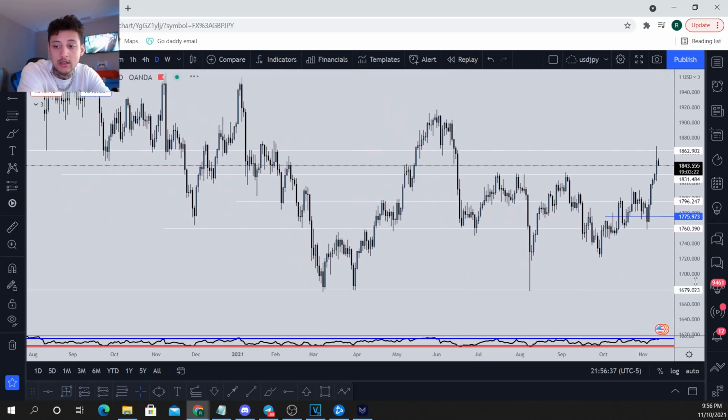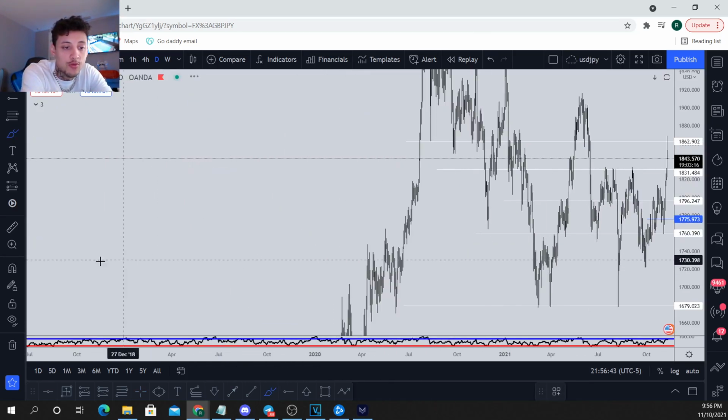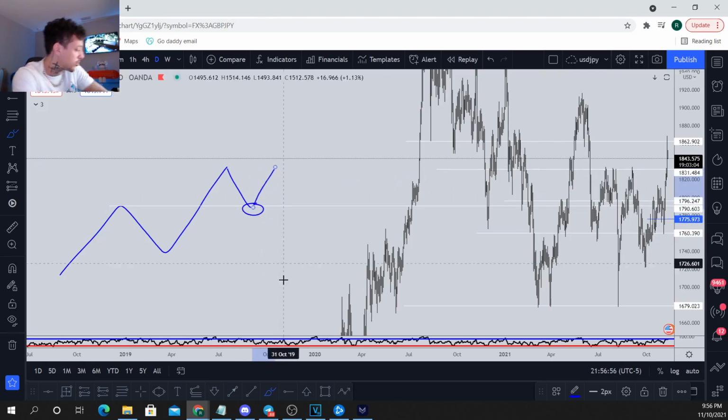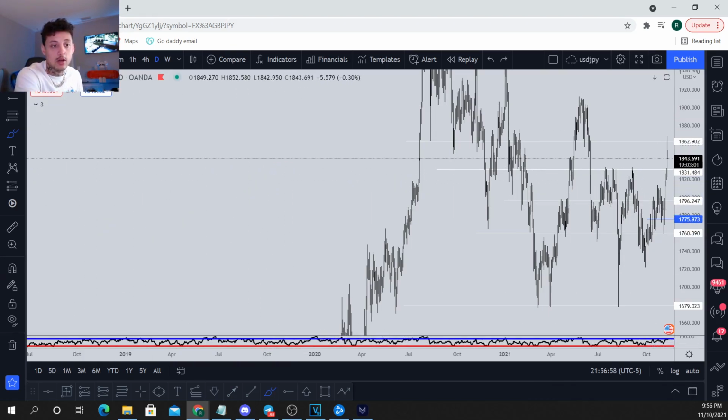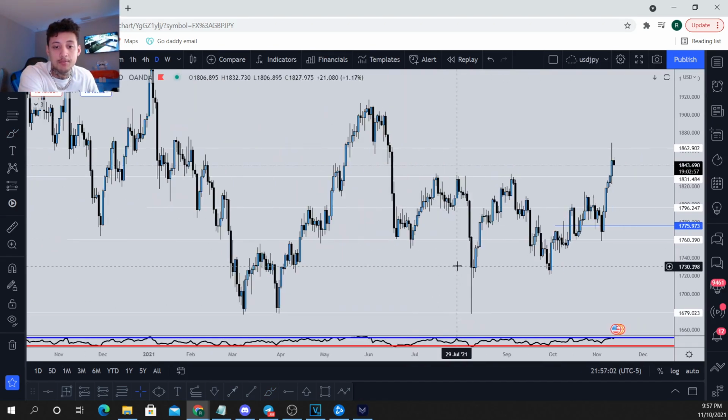Now, let's take a look at a different level of structure, because typically when we talk about pullbacks, if price is trending, the best trading opportunities are to wait for price to pull back into our previous area of structure or support or resistance level, where we'll look to take a buy, and then we'll look for price to go higher. So let's take a look at gold back here during this time, right?